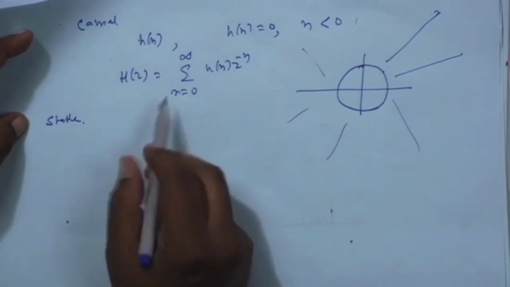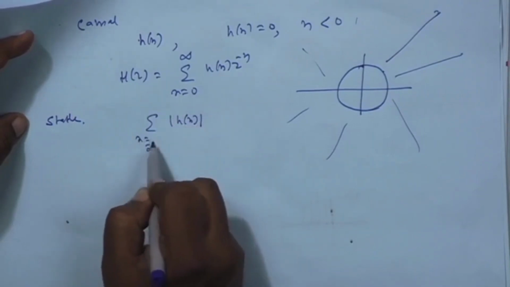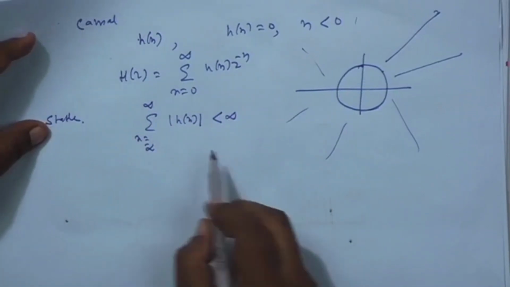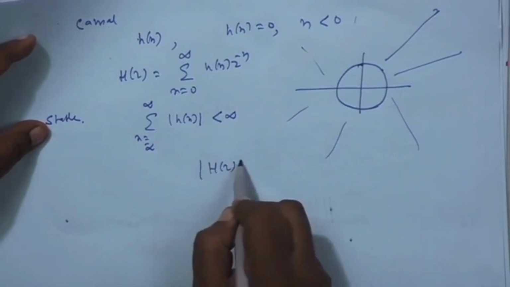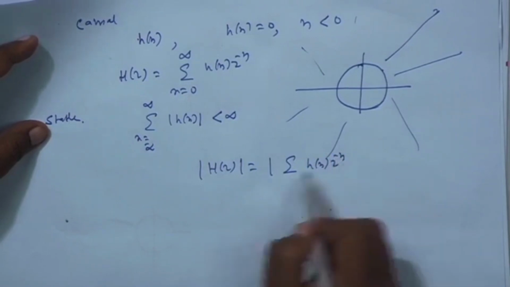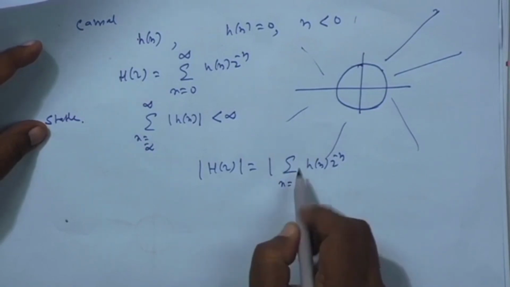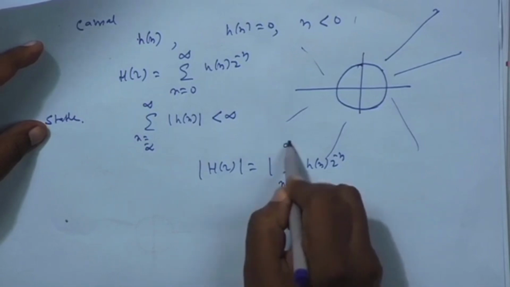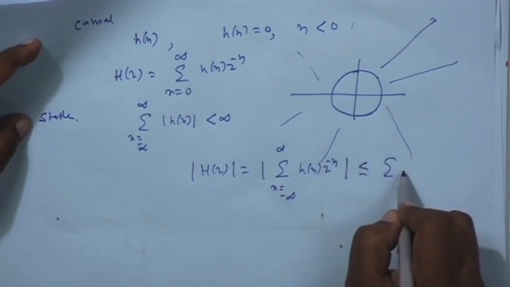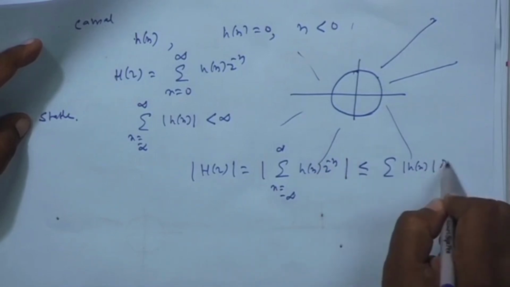If h[n] is the impulse response of a linear shift invariant system, it is summation, but for Z transform H(z) to exist, there is mod of a summation less than equal to summation of mod, and mod of a product is product of the mod, and if you take this, it is r to the power minus n.